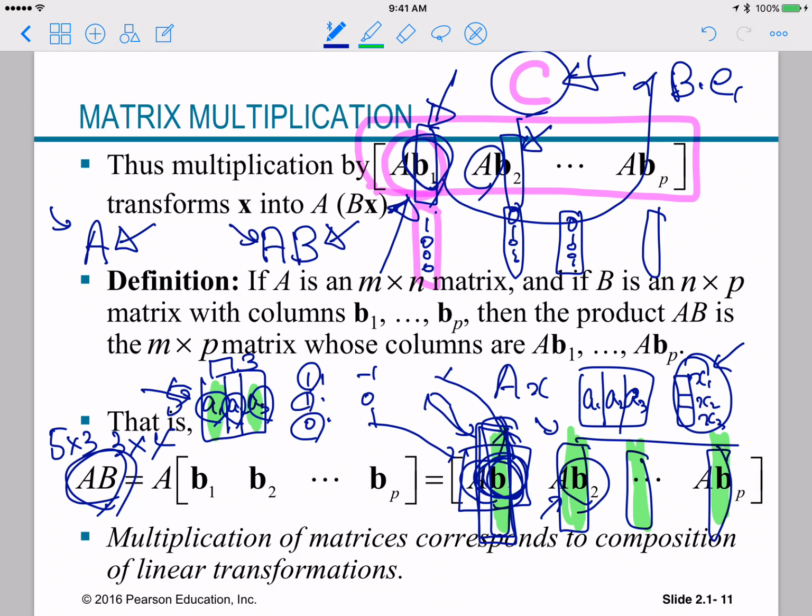Then the resulting matrix will be 5 times 4, where the first number will not change, which means the number of rows, or the dimension of the columns, will be the same. Okay, so the first question was answered. They are at least living in the same universe, the same dimensional space.